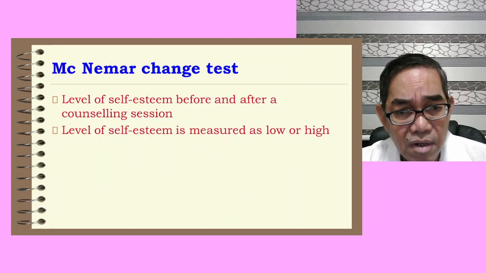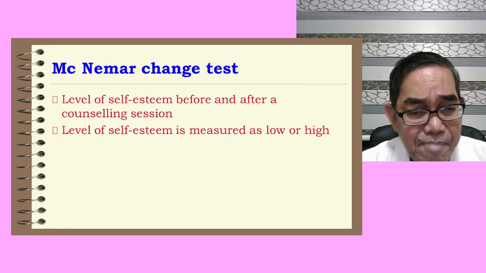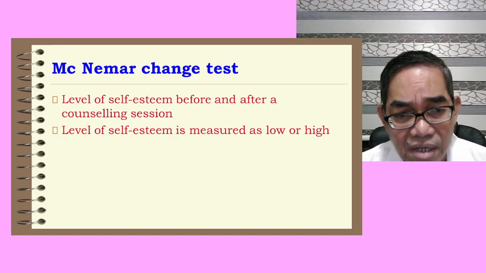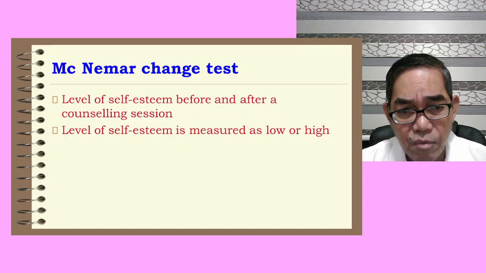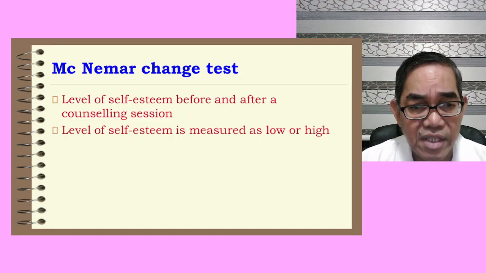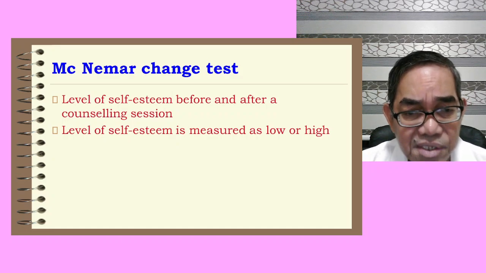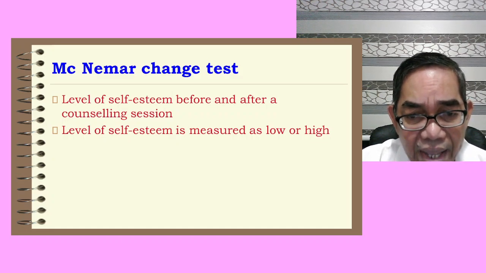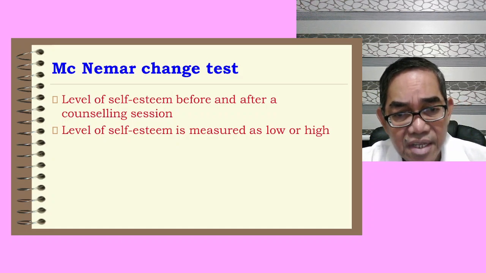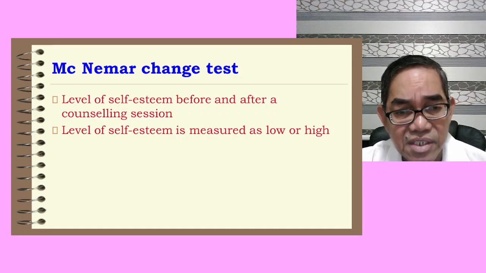Okay, so let's look into the comparison of the level of self-esteem before and after a counseling session. For example, we have a group of people with self-esteem, and then you do a counseling session, and so you measure the number of people who have low or high self-esteem before a counseling session and after a counseling session.